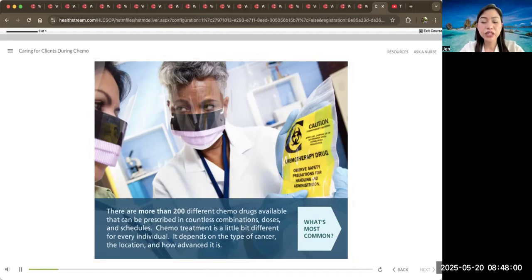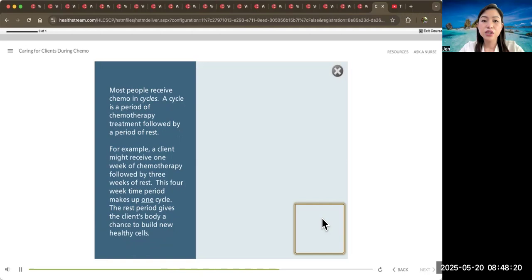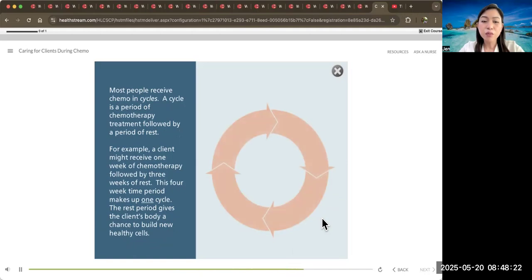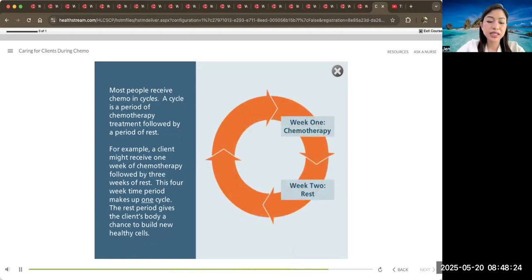There are more than 200 different chemo drugs available that can be prescribed in countless combinations, doses, and schedules. Chemo treatment is a little bit different for every individual. It depends on the type of cancer, the location, and how advanced it is. Most people receive chemo in cycles.